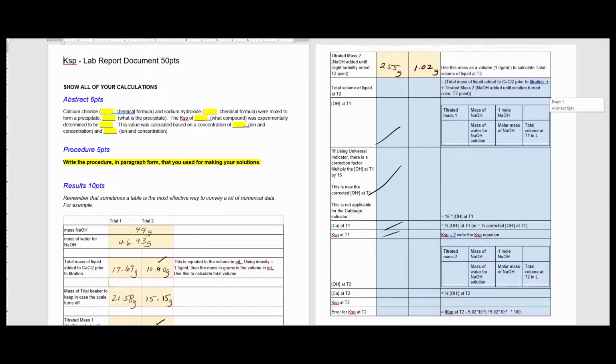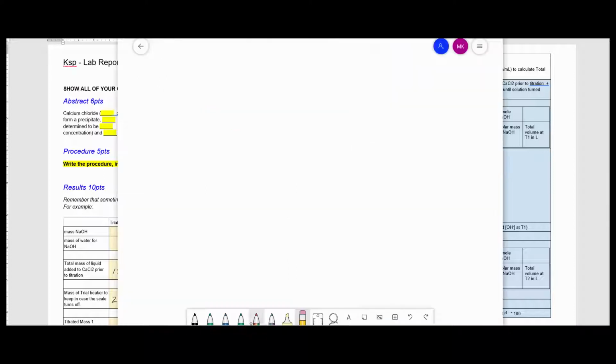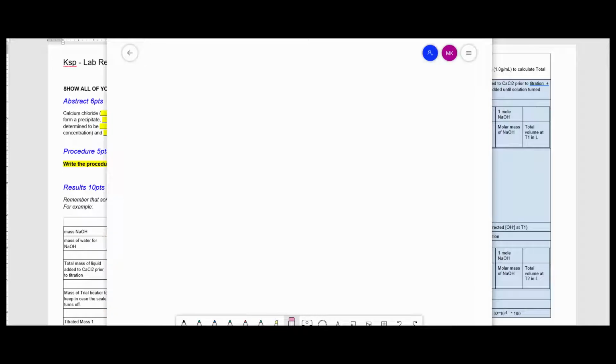Then I can calculate at T1. So here I'm going to move to this row here. The concentration of hydroxide at T1: we're going to take our titrated mass. Our titrated mass 1 was 0.04 grams. So that's how much sodium hydroxide went in for me to get that color change.